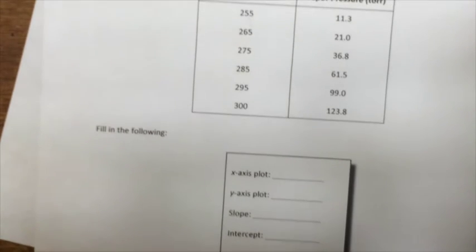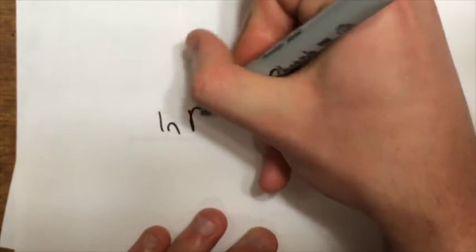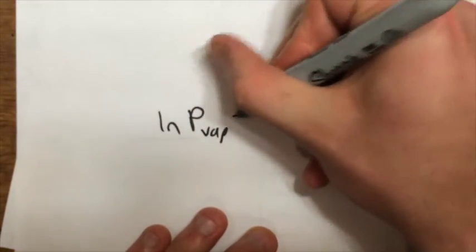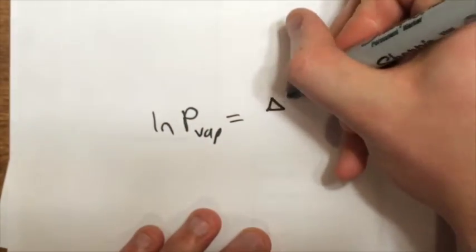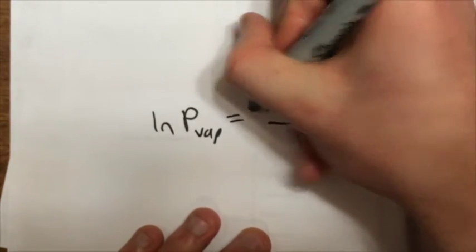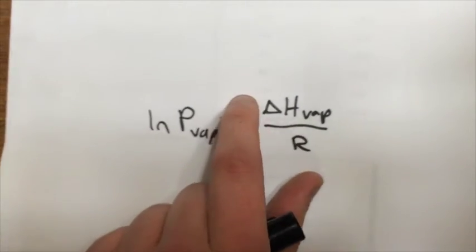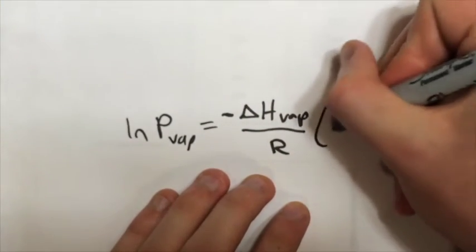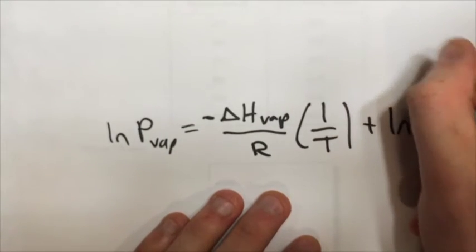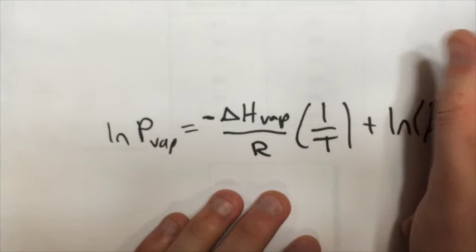First of all, the Clausius-Clapeyron equation is expressed as the natural log of the vapor pressure equals the negative enthalpy of vaporization divided by R, times 1 over T, plus the natural log of beta.